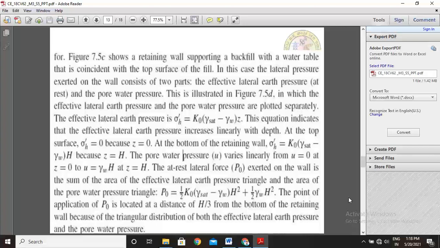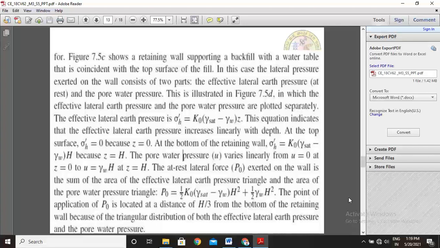The pore water pressure u varies linearly from u equal to 0 at z equal to 0 to u equal to gamma w times H at z equal to H depth. The at-rest lateral force P naught exerted on the wall is the sum of the area of the effective lateral pressure triangle and the area of the pore water pressure triangle, that is, P naught equals the area of the first triangle plus the area of the second triangle.